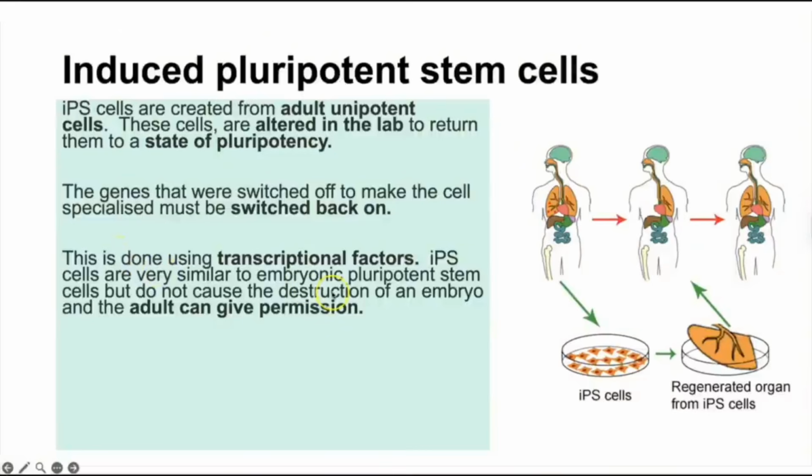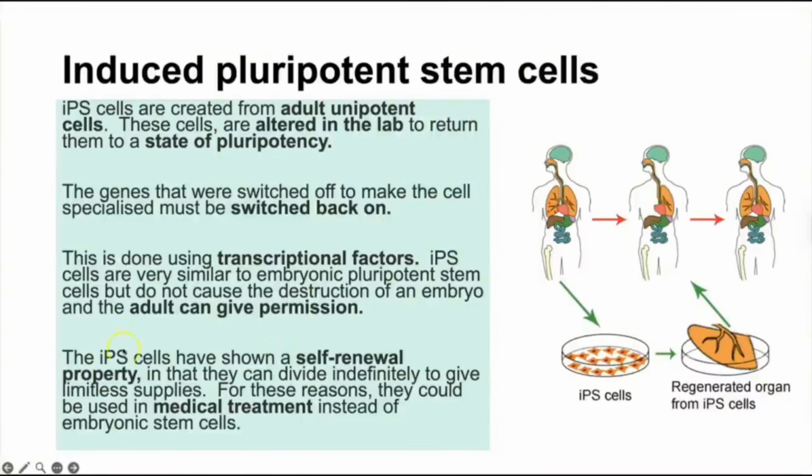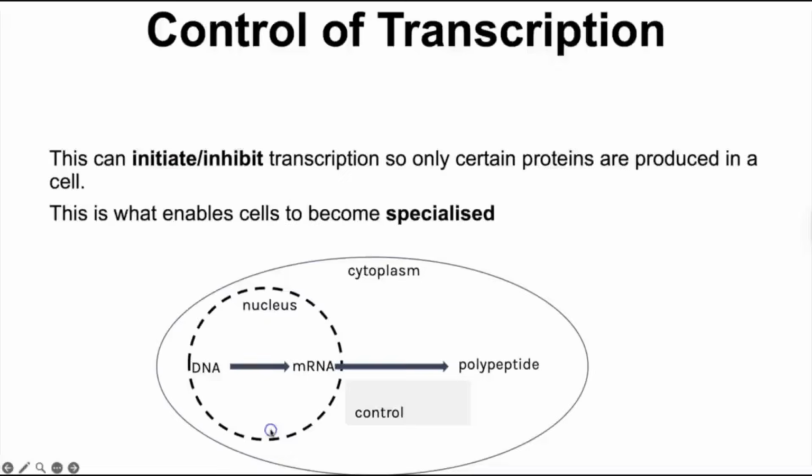And this is done using transcriptional factors. iPS cells are very similar to embryonic pluripotent stem cells, but as we said, they don't have those same ethical issues, such as the destruction of an embryo and not being able to get permission. They have shown a self-renewal property in that they can divide indefinitely to give limitless supplies. And for these reasons, they could be used in medical treatment instead of embryonic stem cells.